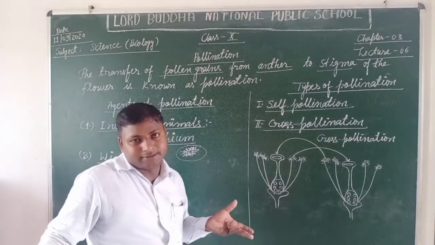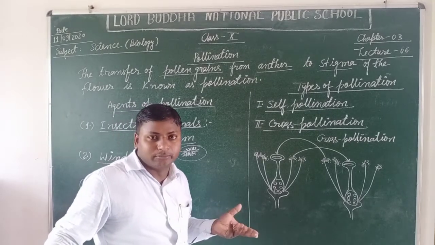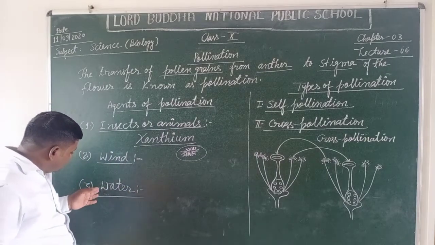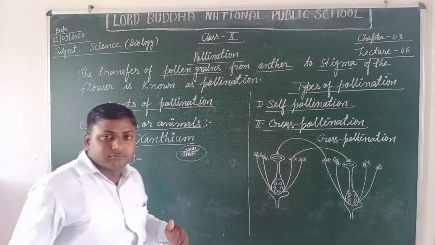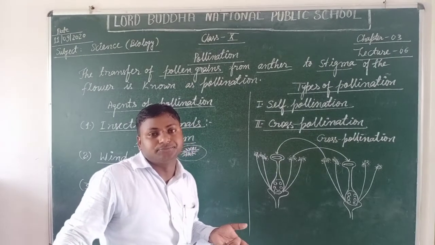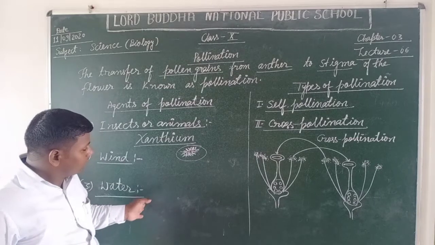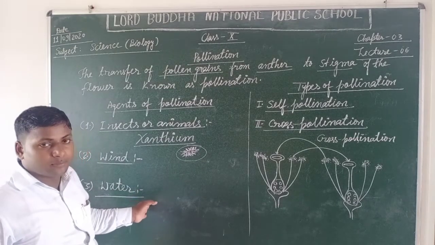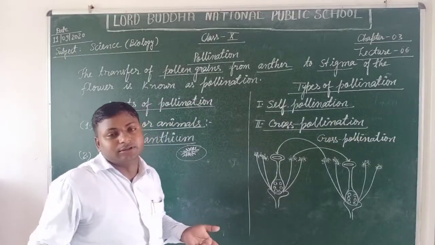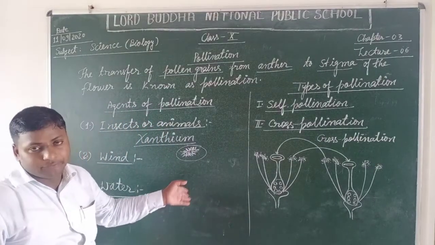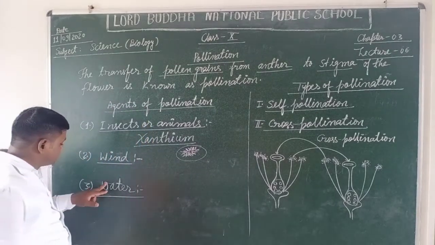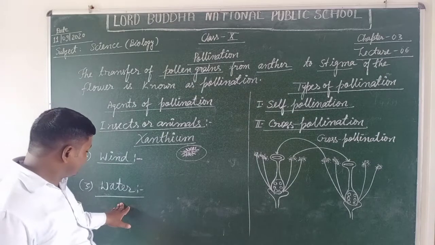When the prothallus bears antheridium and archegonium, then the antheridium and archegonium release their gametes in the water, and when these gametes floating on the water come in contact with the gametes of another flower, the process of cross pollination takes place.